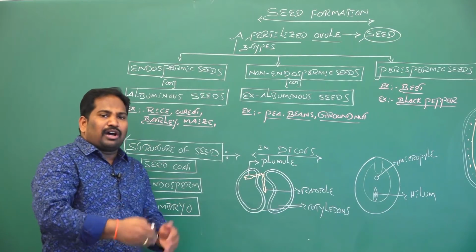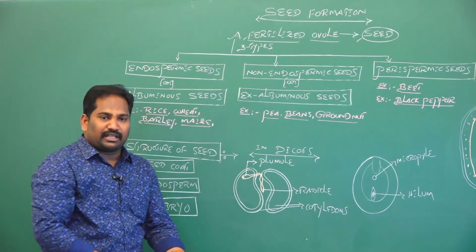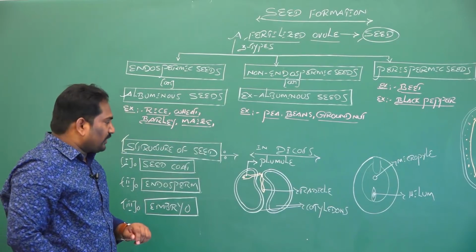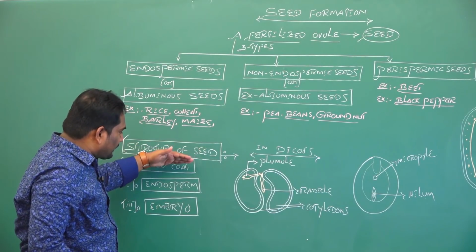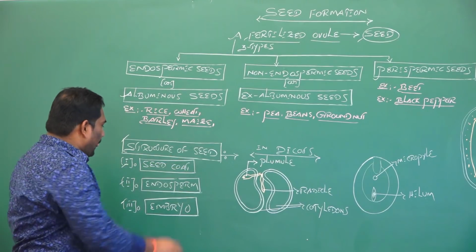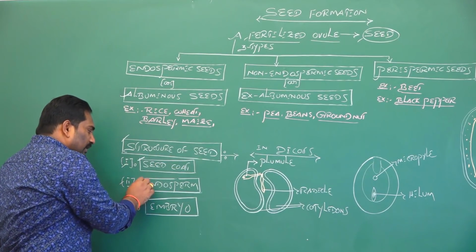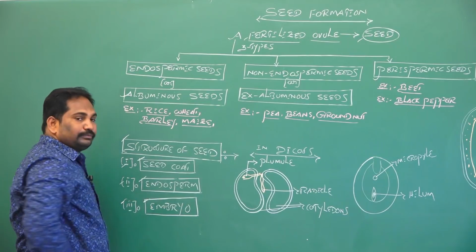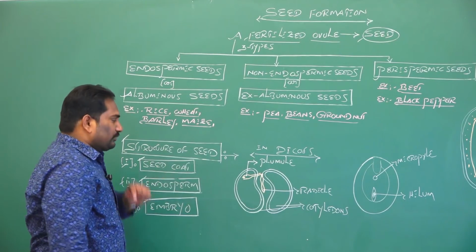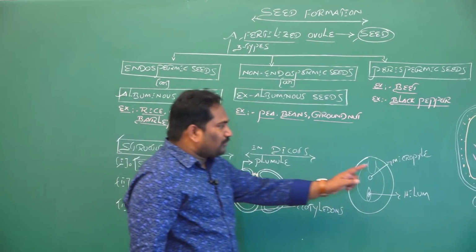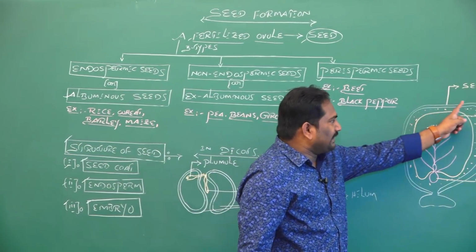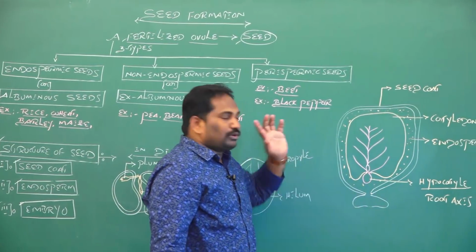When the ovule or megasporangium is fertilized, it produces seed. The general structure of seed consists of three major parts, such as seed coat, endosperm, embryo. Seed coat: the outermost layer of seed is called as seed coat.